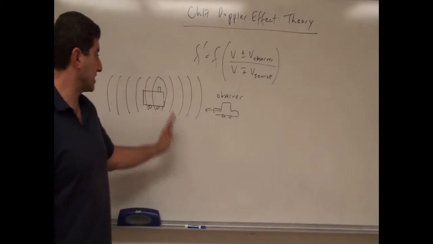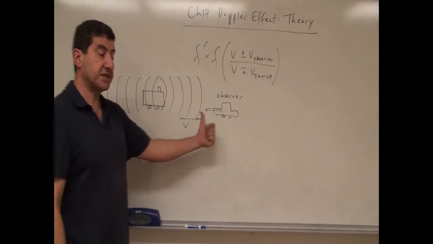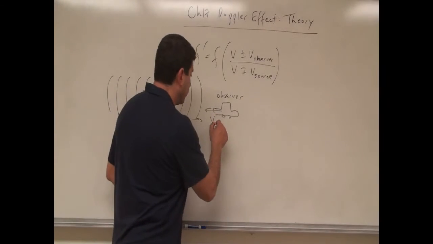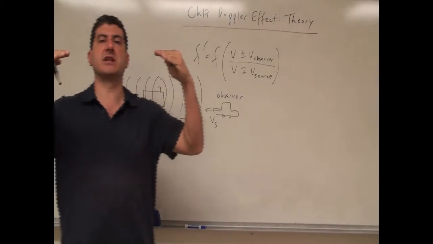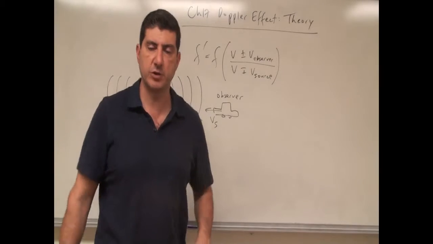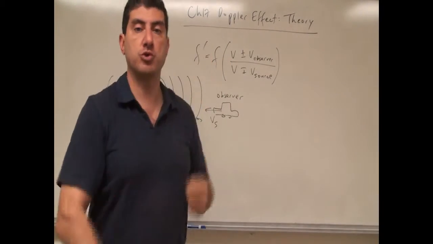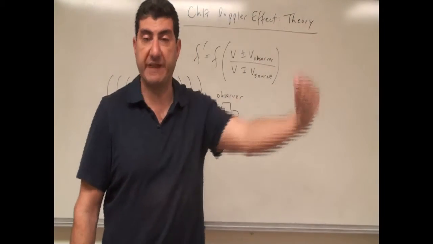Well, the velocity of the sound is this way, so let's just call it v. It's going to seem like the velocity of the sound waves is more than it is, because you are coming towards the source and the sound is coming toward you. It's basically like two cars coming toward each other on the freeway. If you're driving 60 miles an hour this way and another car is coming toward you at 70 miles an hour, it seems like that car is coming toward you a lot faster.